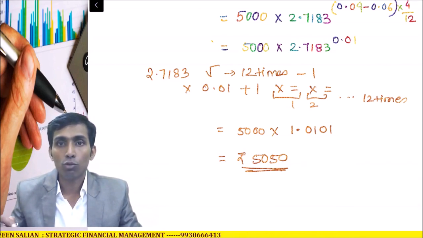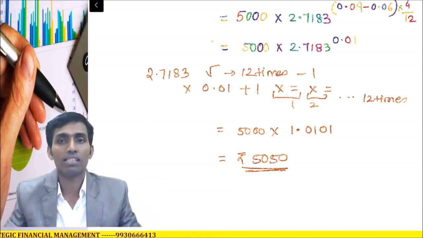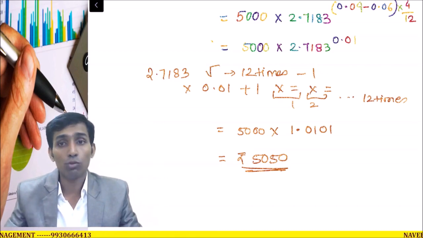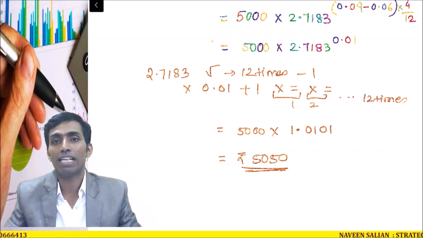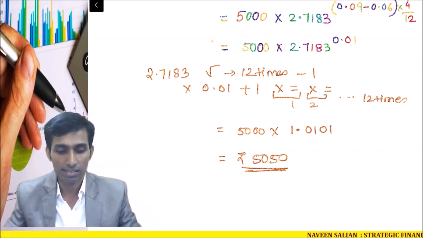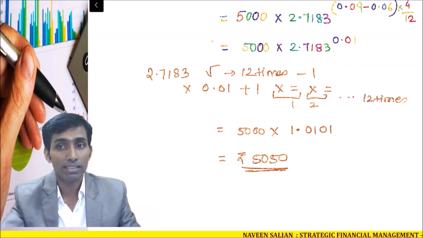Today, if you buy, you have to buy the future for 4 months at 5050. And if you want to sell, then you will have to sell the future contract for 5050. Please understand this.